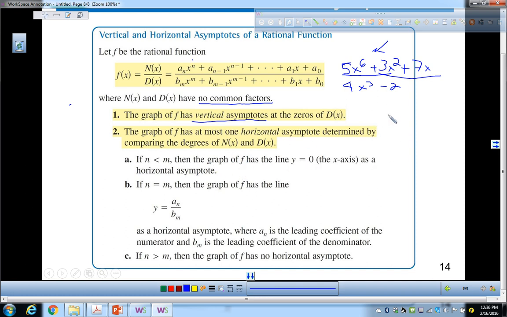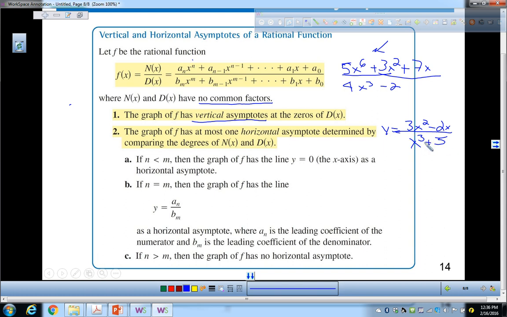For example, if I have y equals 3x squared minus 2x over x cubed plus 5, this would have a horizontal asymptote at y equals 0. Another way to talk about that is bottom heavy, okay?